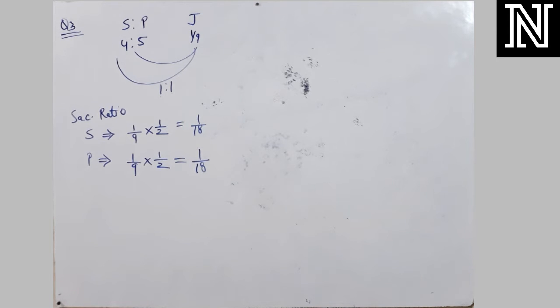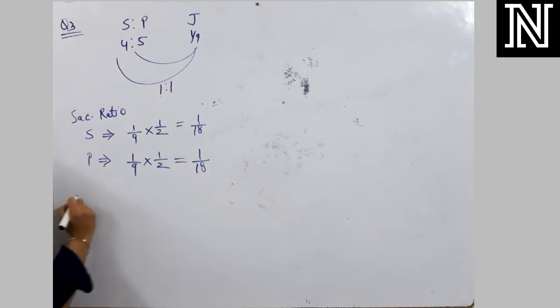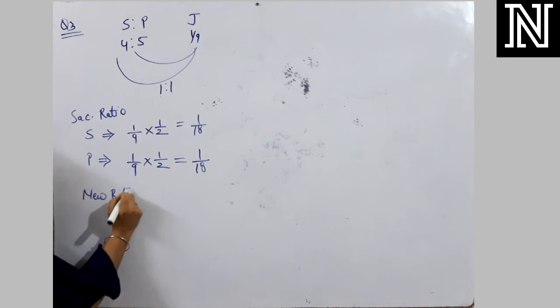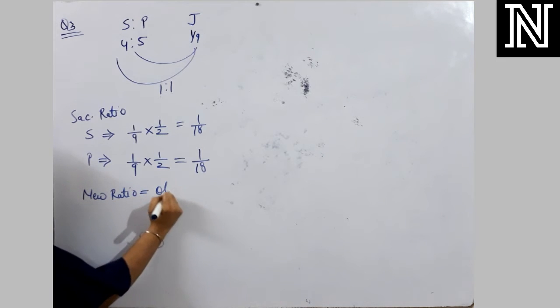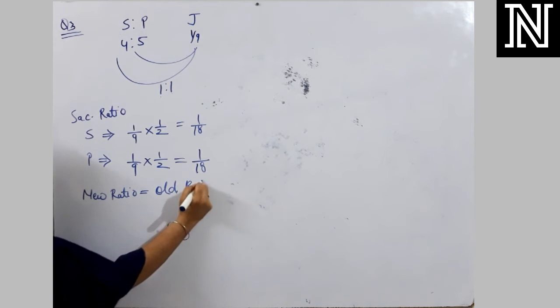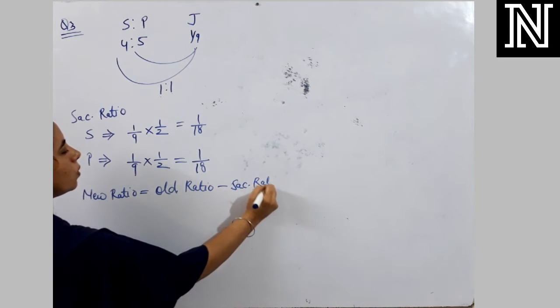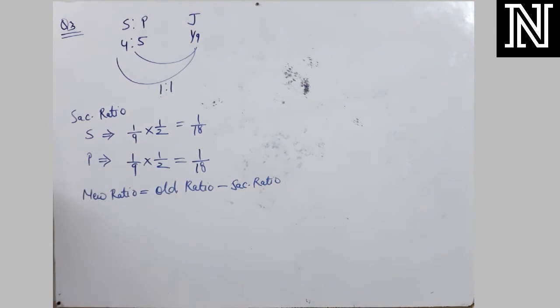Okay. Now that we have the sacrificing ratio, we have to calculate the new ratio. The formula I had given you that day: old ratio minus sacrificing ratio gives us the new ratio.